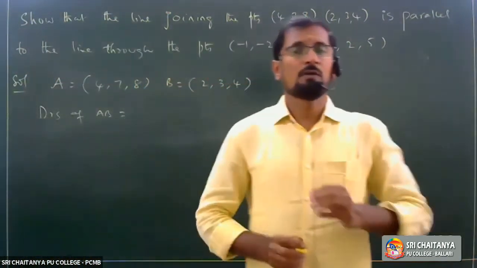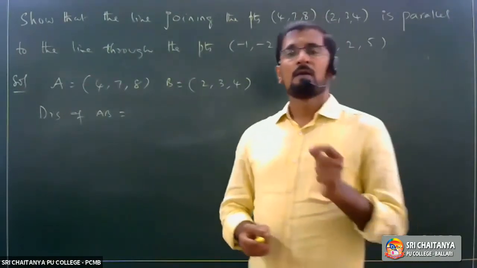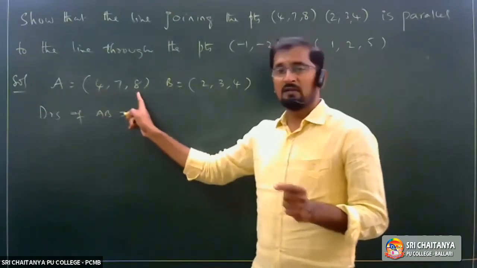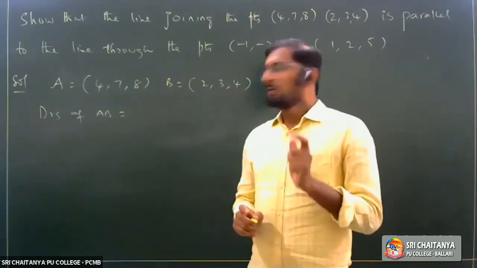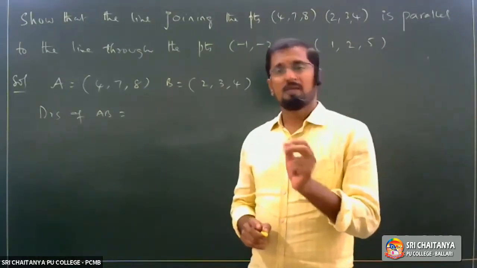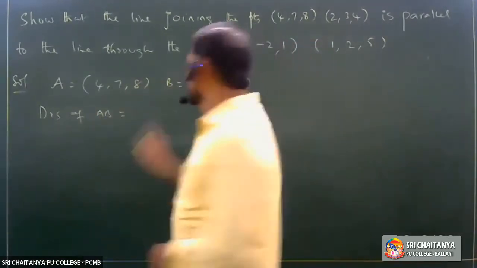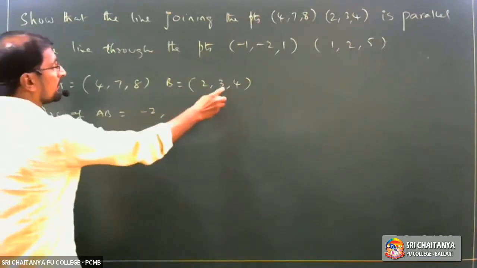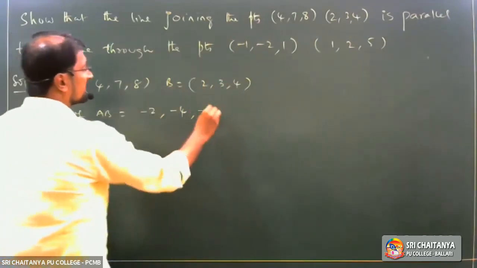How to find them? Consider the points as x1, y1, z1 and x2, y2, z2. So the DRs of line AB are x2 minus x1, that is 2 minus 4, which is -2, then y2 minus y1, and z2 minus z1.